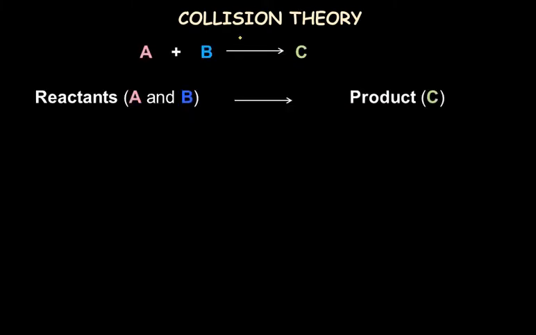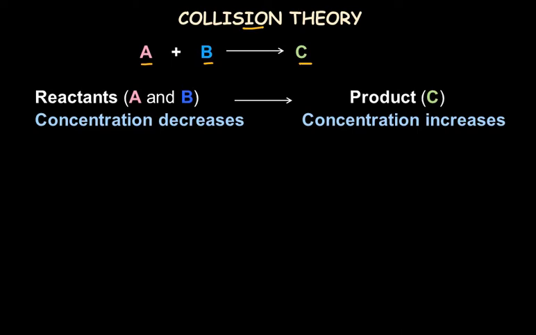Now let's understand a few more important points about the collision theory, considering a reaction. For example, A and B are the reactants and they react to form the product C. Now during this reaction, the concentration of the reactants A and B will decrease, but the concentration of the products will increase, because the amount of product gradually increases.